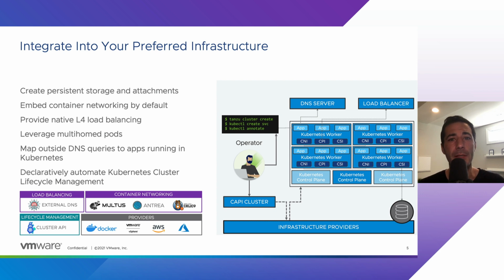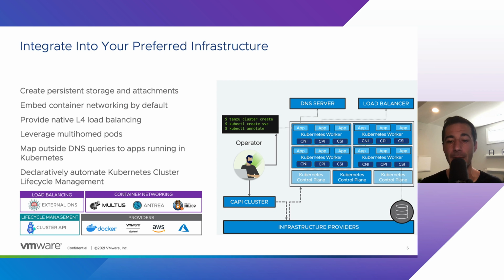Now, the other piece of this is DNS. DNS is typically a very manual process. As mentioned before, we create that layer 4 load balancer service and we get an IP address. If I want to access the application running inside there, I have to go to my DNS server and create an A-name record so I can contact it. External DNS actually makes this all automatic.